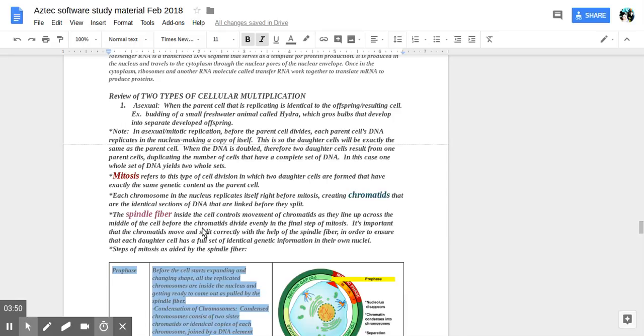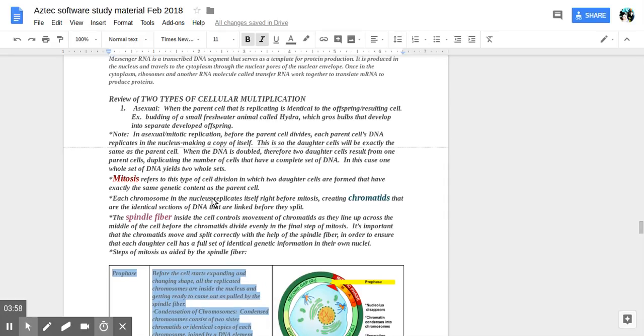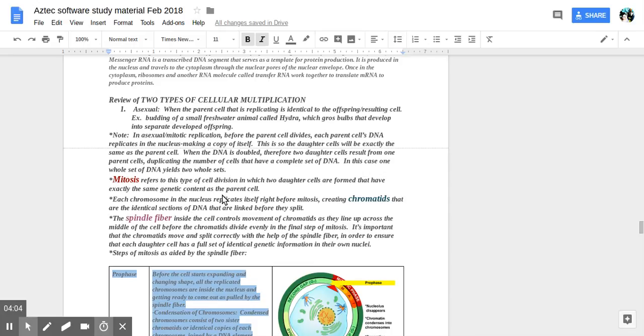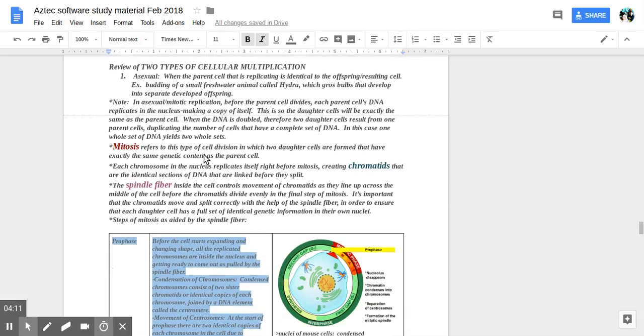So in essence, you're turning DNA into proteins through this sequence of events. So DNA to mRNA and mRNA into proteins by the use of helper tRNA molecules. So let's review what we learned previously.